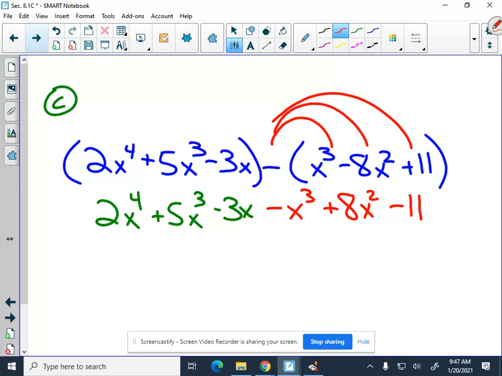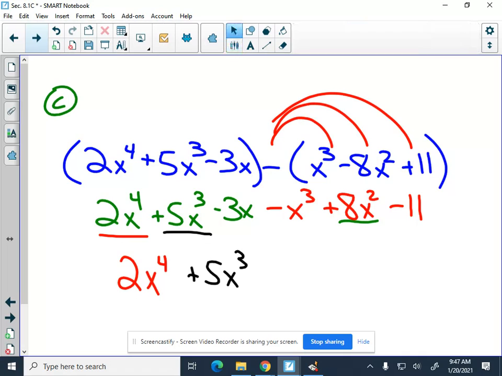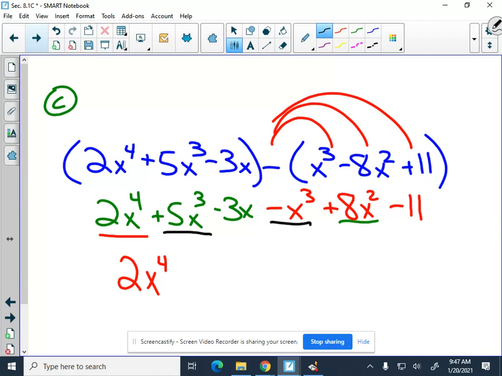All right. So now we put together our like terms. We have a 2x to the 4. We have a 5x to the 3. We have an 8x. Whoa, I missed one. 5x to the 3 and a negative x to the 3. So these, 5 minus 1 is 4x to the 3.